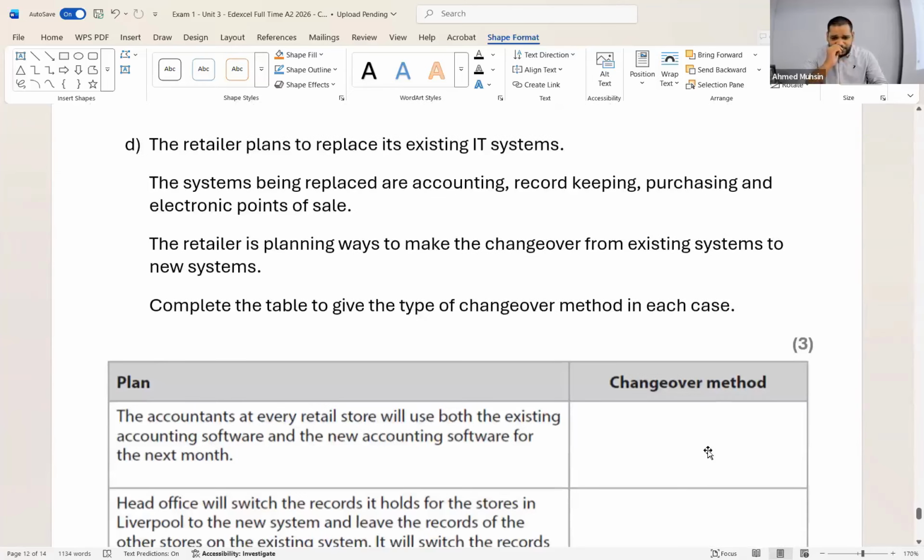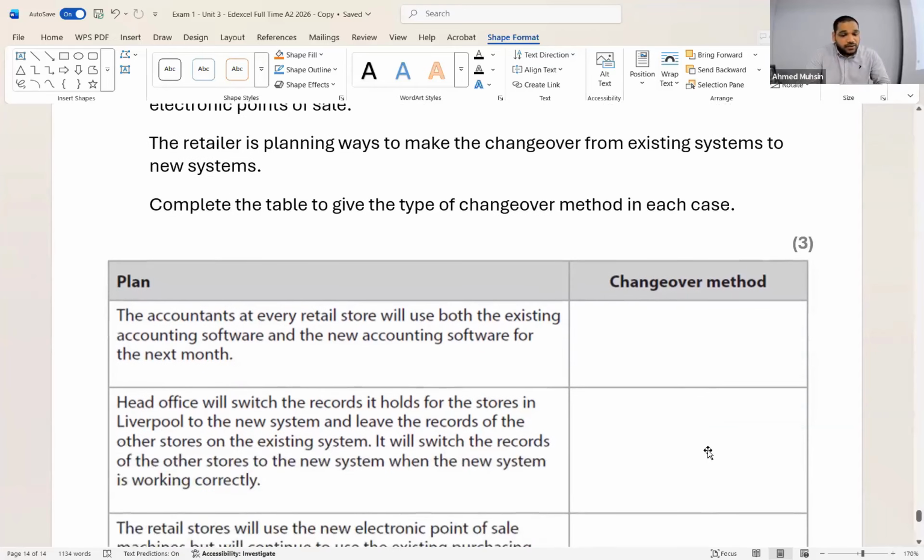The retailer plans to replace its existing IT systems. The systems being replaced are accounting, record keeping, purchasing, and EPOS. The retailer is planning to make the changeover from existing systems to new systems. All of you, complete the table to give the type of changeover method in each case. The accountant at every retailer store will use both the existing accounting software and the new accounting software.